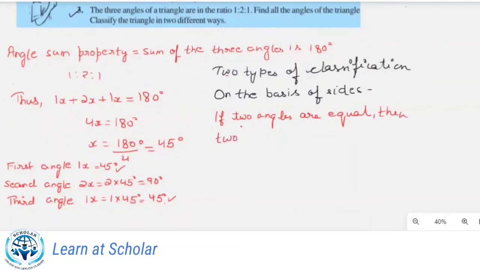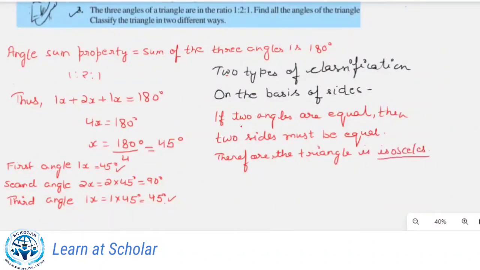If the two sides are equal, then the triangle must be isosceles, because in an isosceles triangle, two sides are equal. This is the classification on the basis of sides.